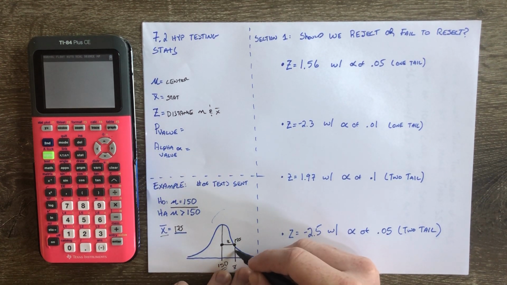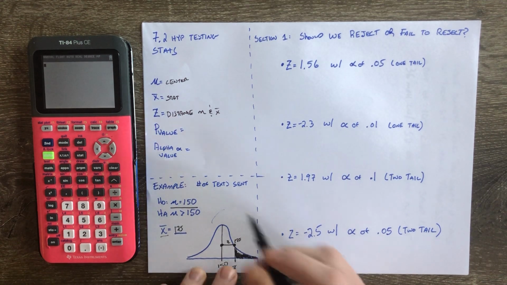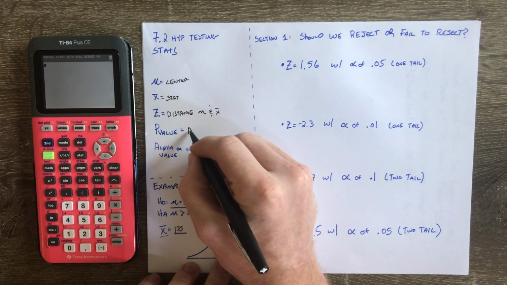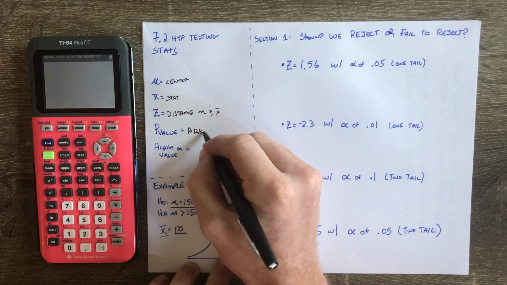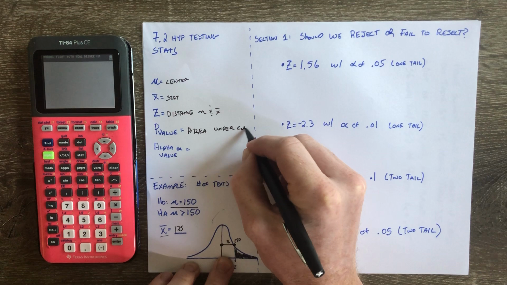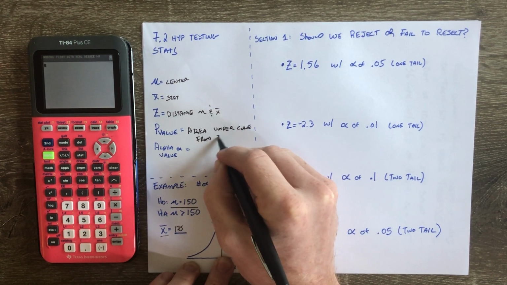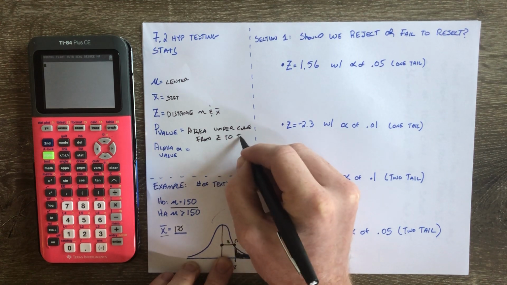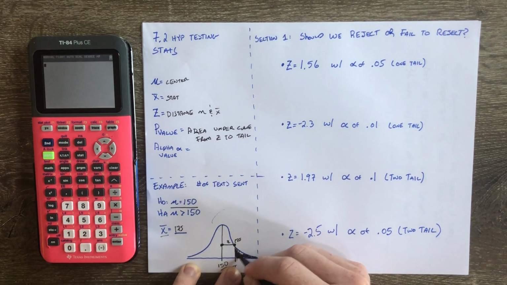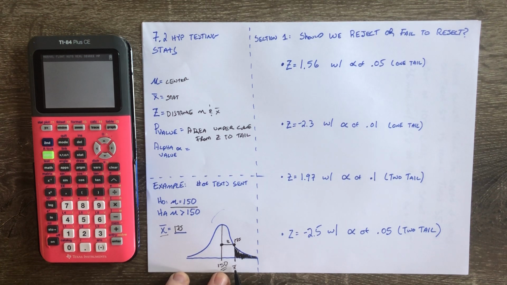The p-value is going to be the area under the curve from that z to the edge of the curve. So the p-value is the area under the curve from z to a tail, right? So that's going to be the probability. Given this is true, it's going to be the probability that you actually got this.